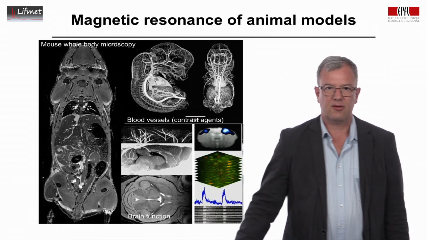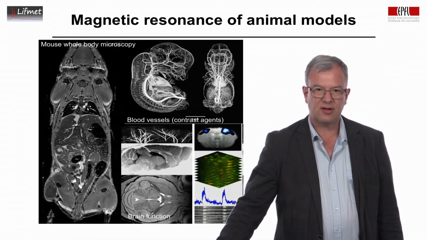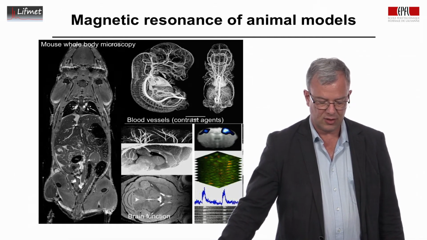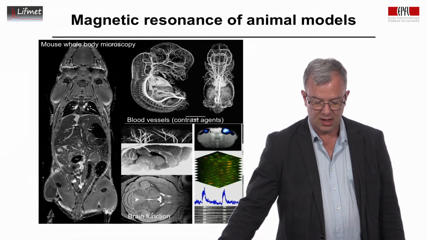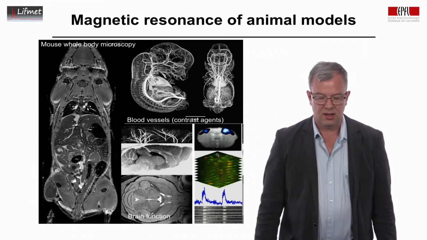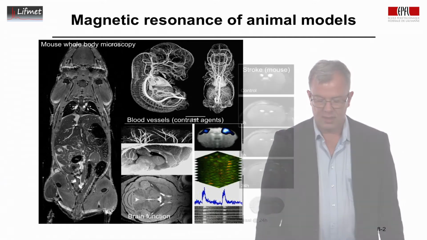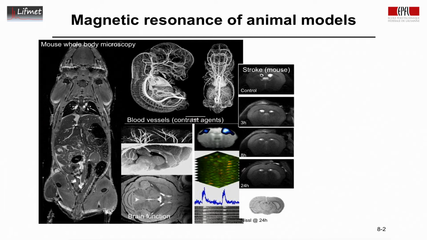Another example here is brain function. We're looking at the vasculature, the blood vessels inside the brain. Here's the brain, here's another brain scan, looking at the activity in the brain tissue, which can also be done with MRI. Here's an example of a longitudinal study looking at the development of a stroke in the brain.